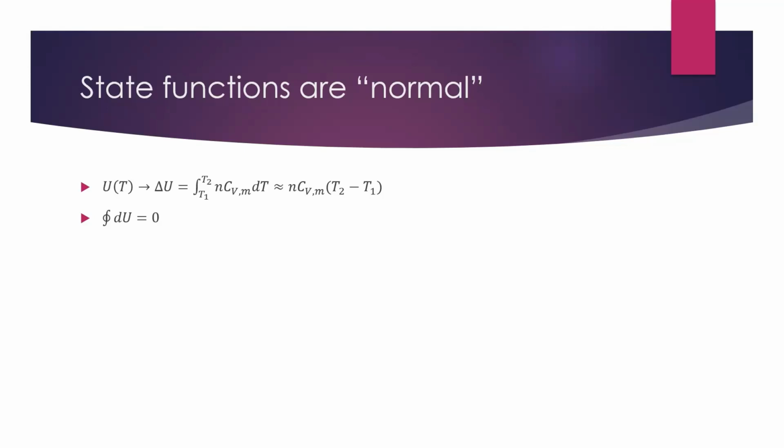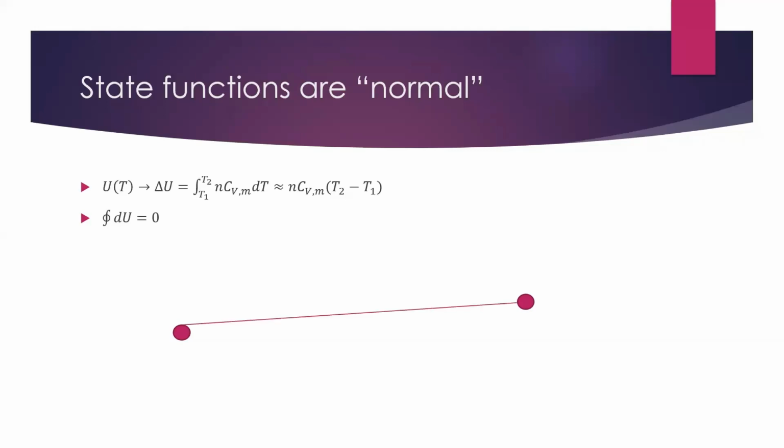So let's go through a little bit of an example here. Consider a state where we start at a certain spot. So this is our T1 here, represented by this pink circle. Now we have a T2 as well. We can consider many different paths going from T1 to T2. And since our internal energy is a state function, the path doesn't matter.